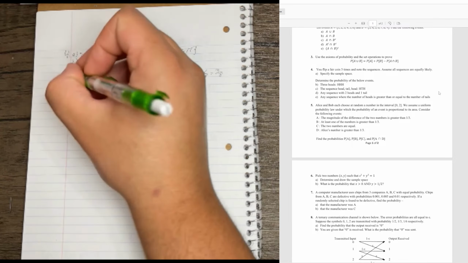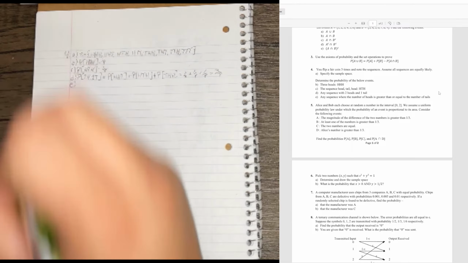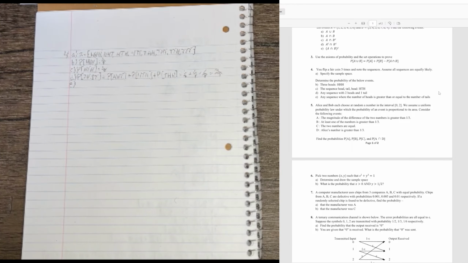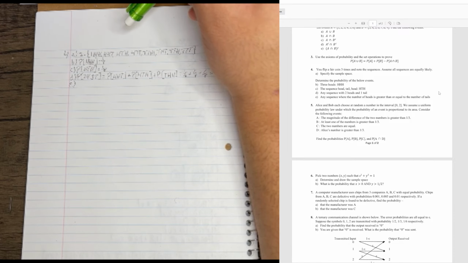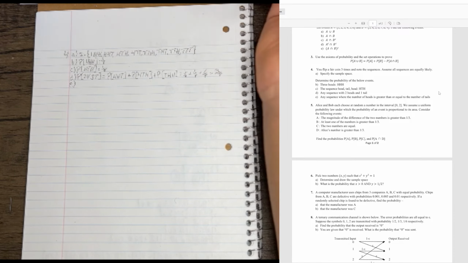And now we're on E. Any sequence where the number of heads is greater than or equal to the number of tails. Easier way to do this is just to see which ones have less or more tails. You can't have equal amounts.